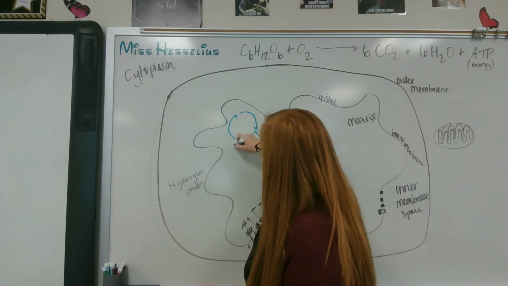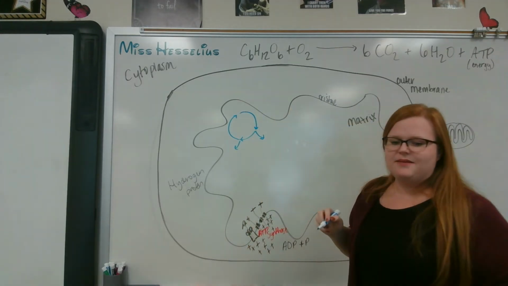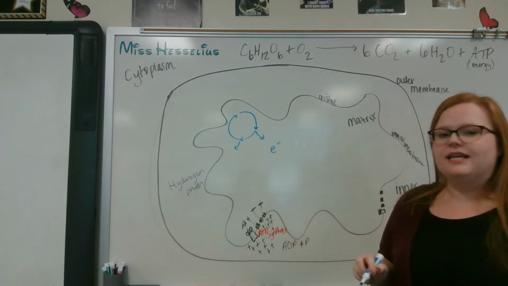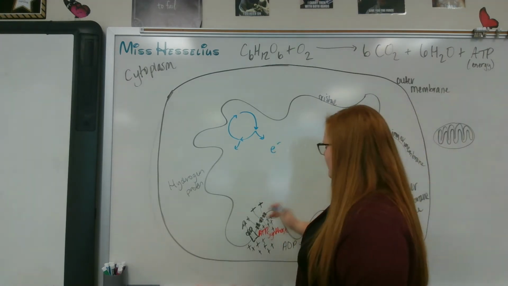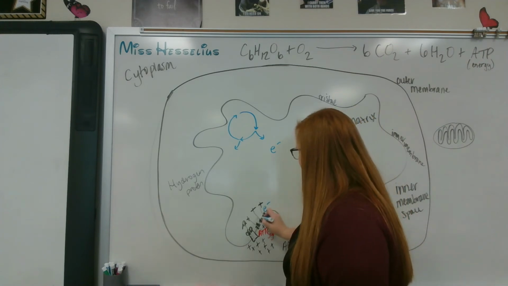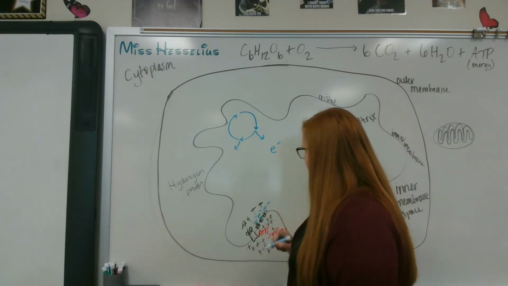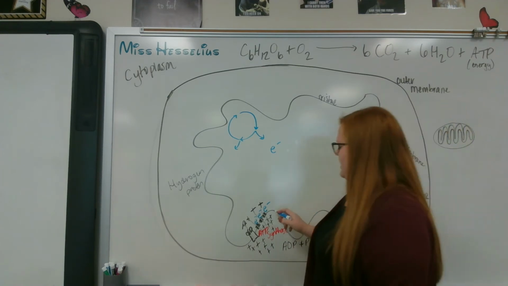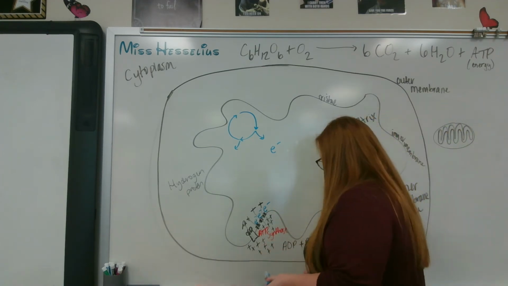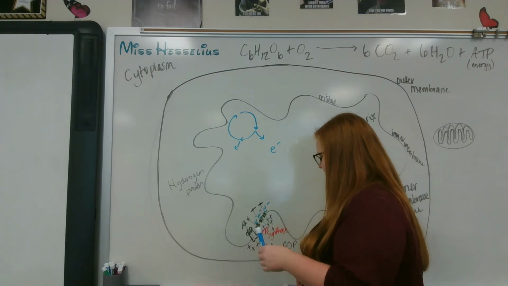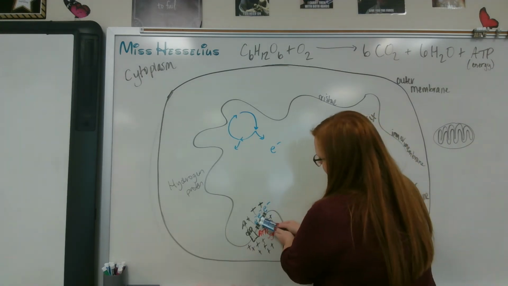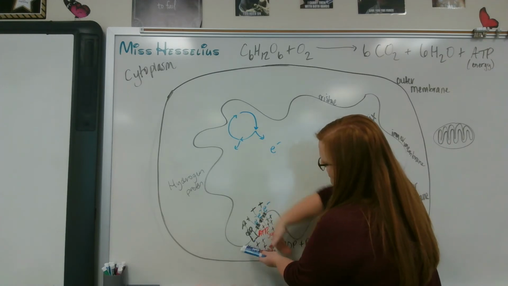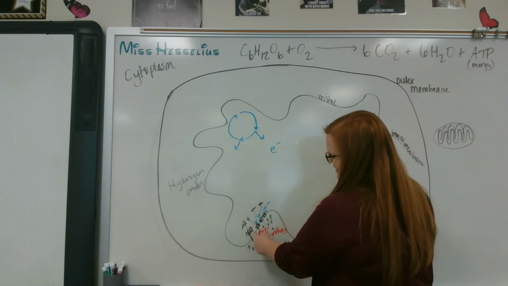It makes a couple different things. One of the things it makes is electrons, okay? These electrons make their way down to here where they are used to power our proton pumps. Each proton pump gets 2 electrons, and they get passed down the chain, powering the proton pumps to pump protons through until they get here.